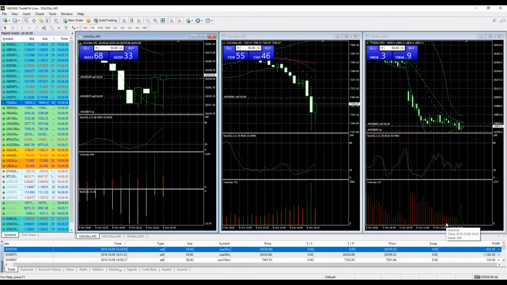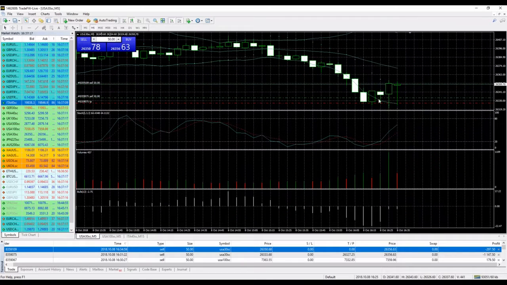The movements are not strong enough to hit our take profits. That's why I will put my take profit a bit higher than the Bollinger Band. Here is the Bollinger Band. You can see that, guys. I'll put my take profit a bit higher than the Bollinger Band on USA 30.